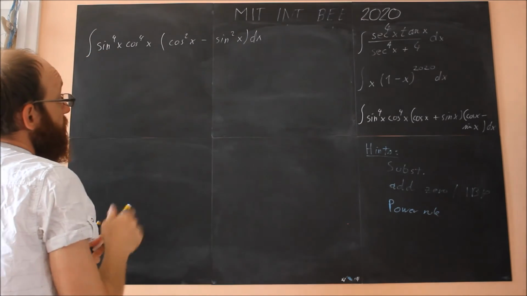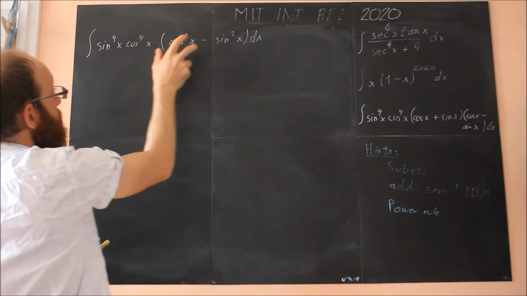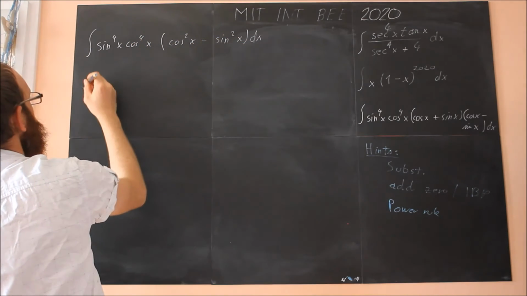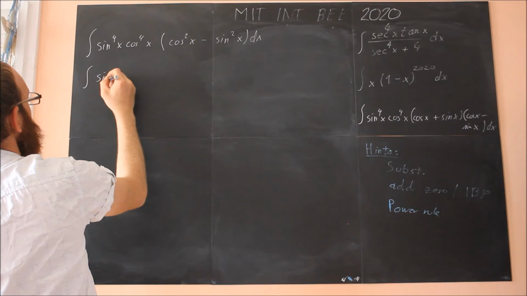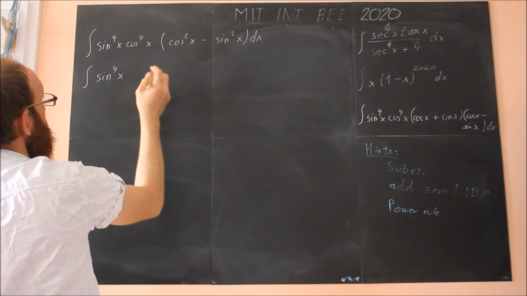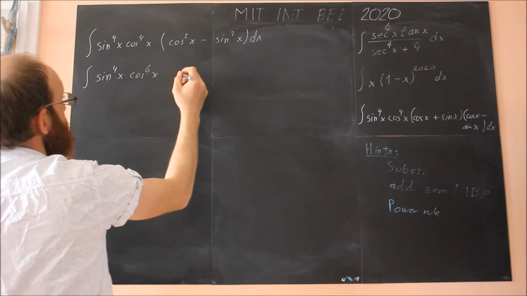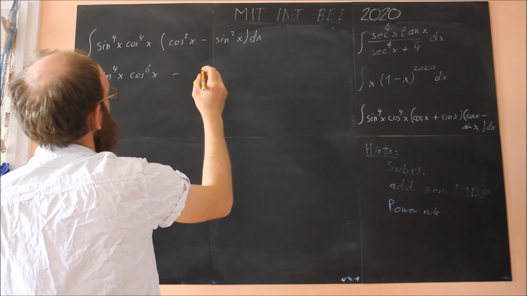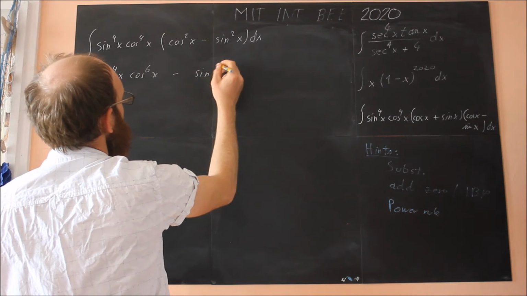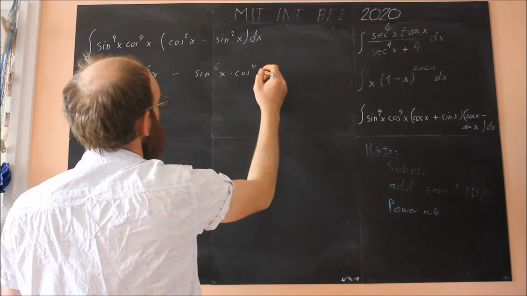Alright? And now I would like to distribute again, and then we can open our eyes. So we have sine to the fourth times cosine to the 6 minus sine to the 6 times cosine to the fourth.